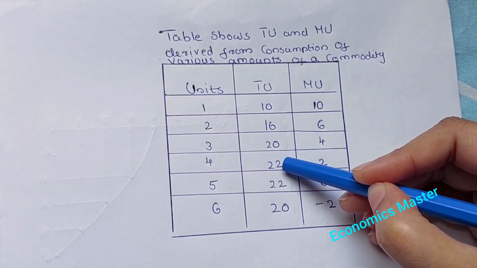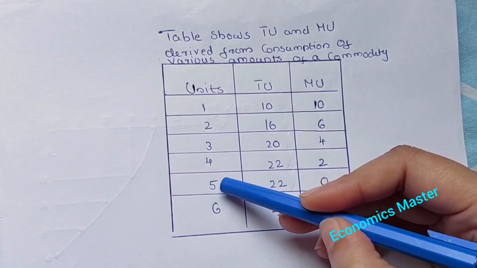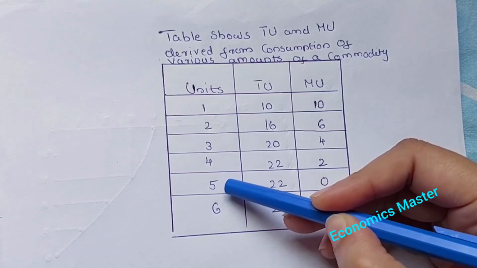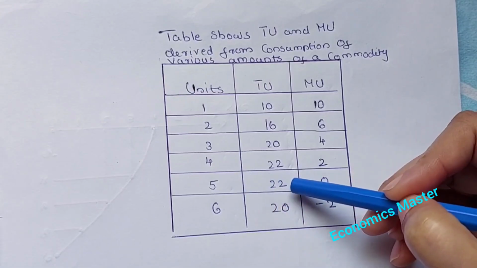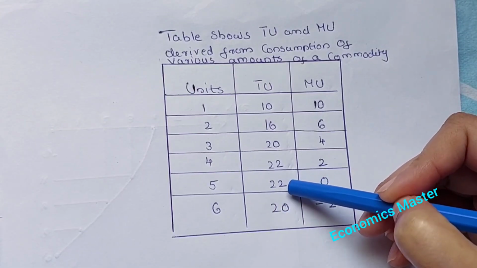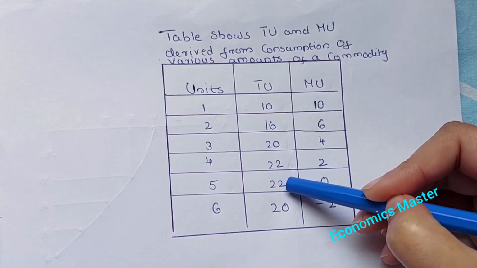After that, total utility remains constant. After consuming 5 apples, the total utility derived from the consumption of 5 apples remains the same. That is why the total utility is 22.